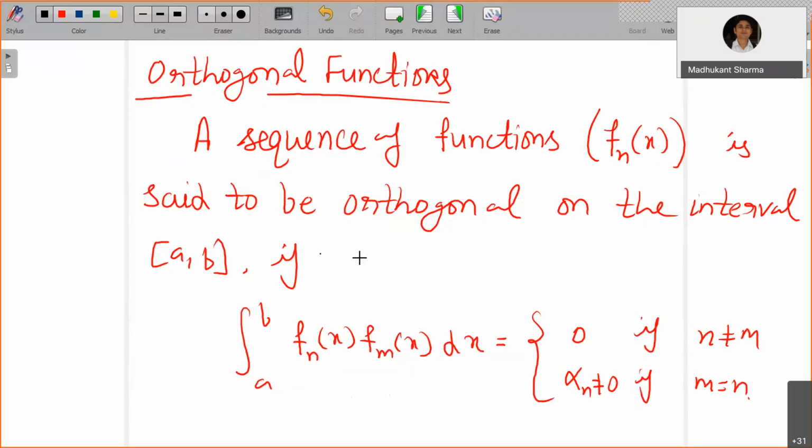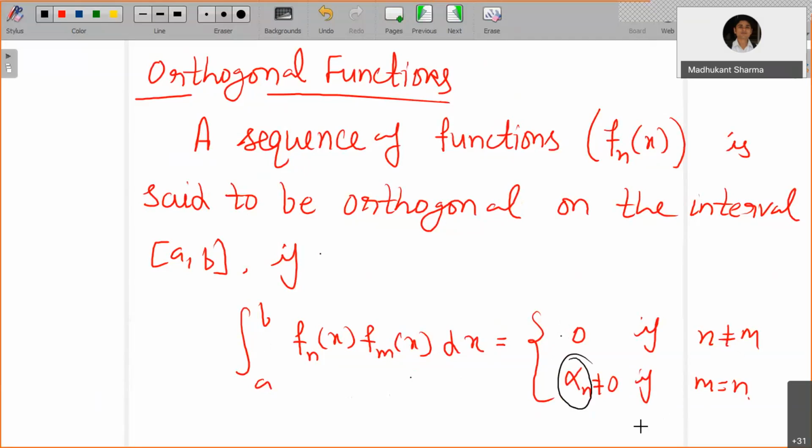A sequence of functions is said to be orthogonal on the closed interval [a, b] if the integral from a to b of f_n(x) f_m(x) dx is equal to 0 if n is not equal to m, and if m equals n it is non-zero. Since m equals n depends on n, the constant depends on n: alpha_n.